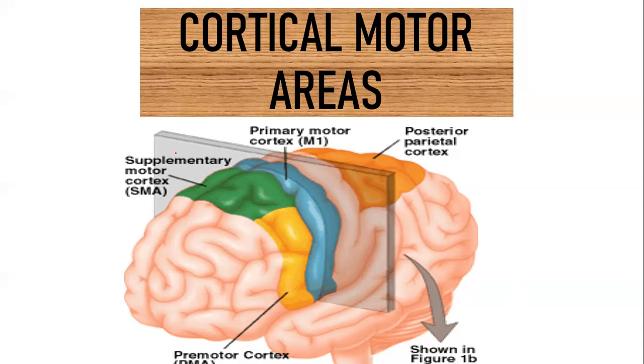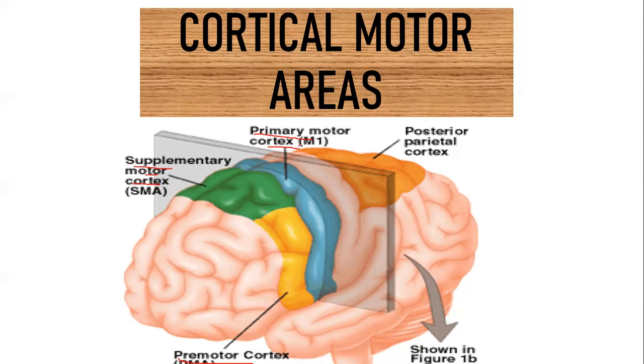The motor areas of the cortex are three: the primary motor cortex, the premotor cortex, and the supplementary motor cortex. What points must you understand about these motor areas?